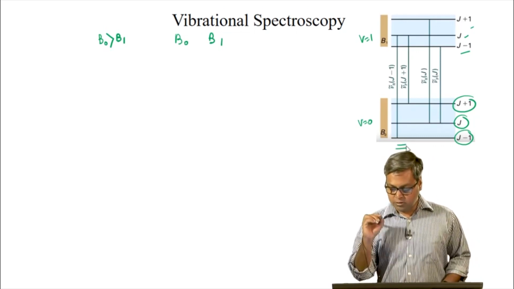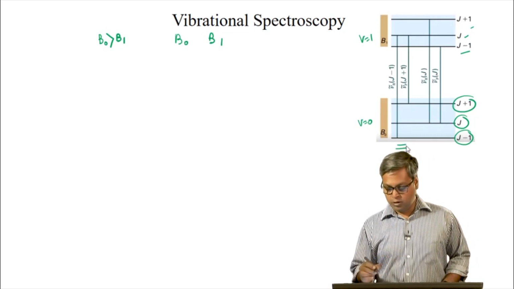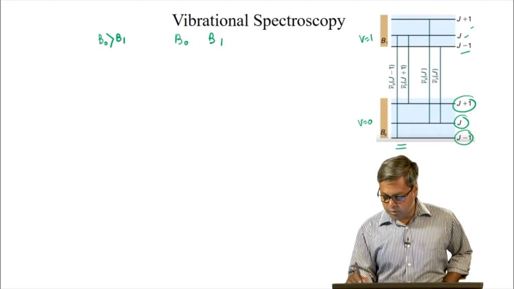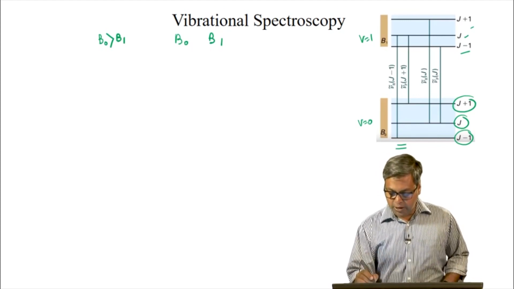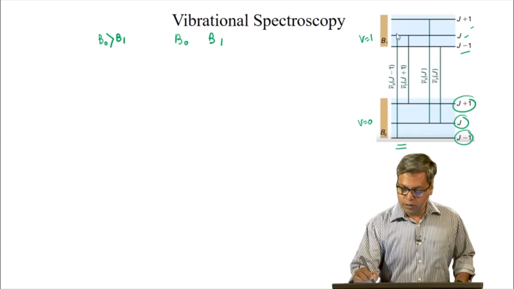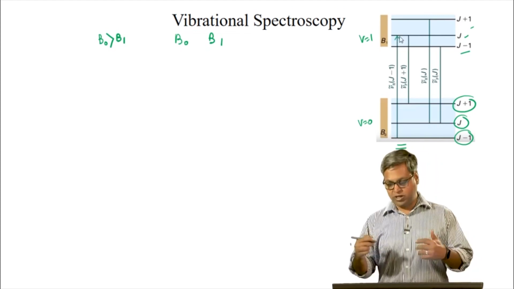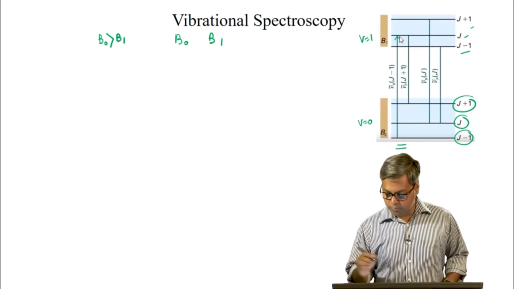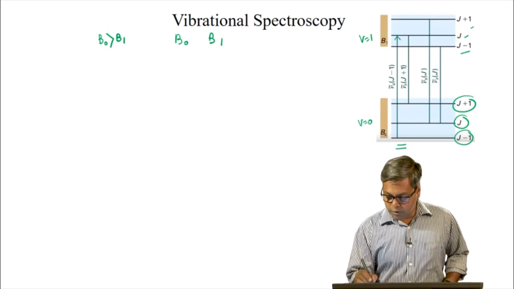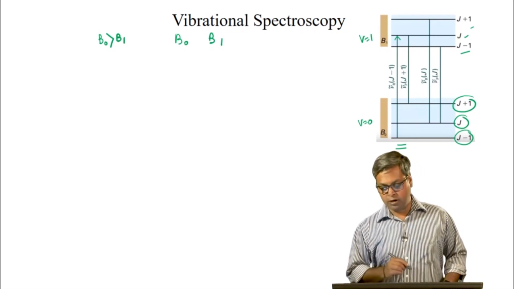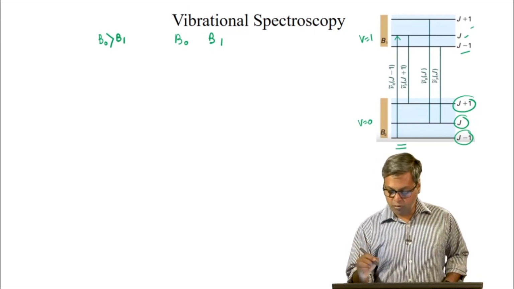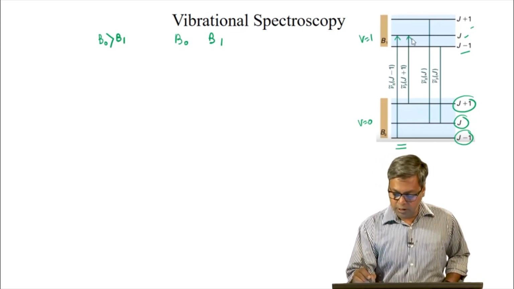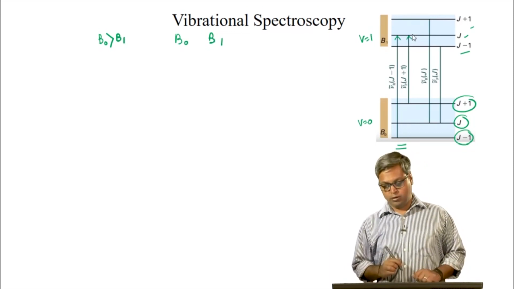The first or the leftmost transition starts from V equals 0, j minus 1 and goes to V equals 1, j, and the second transition starts from V equals 0, j plus 1 level and also ends in the j level in V equals 1.